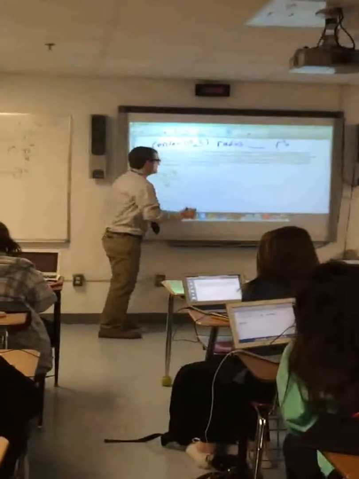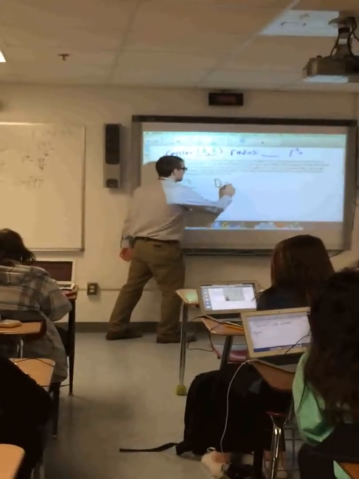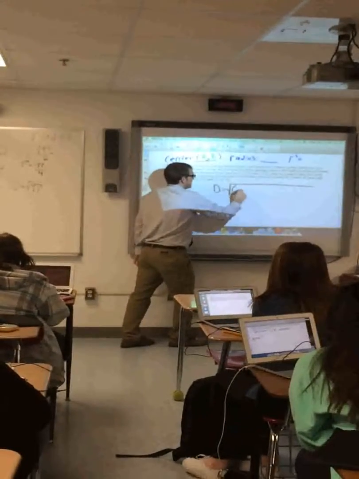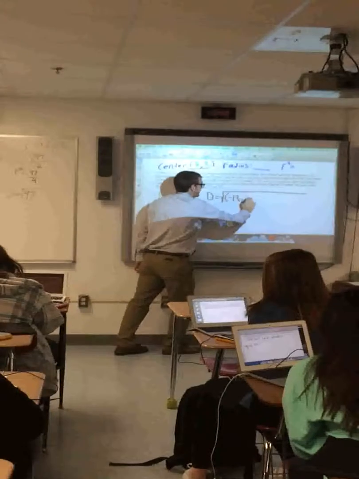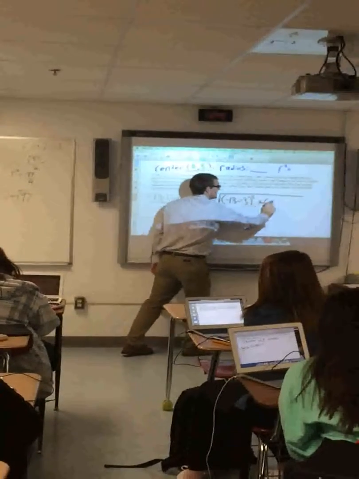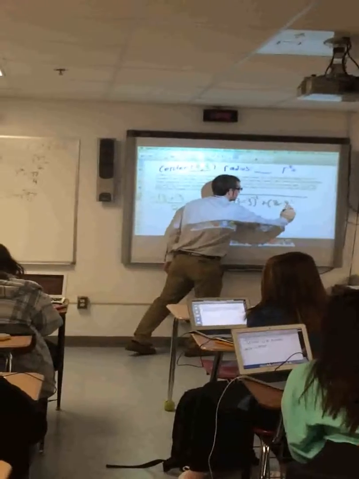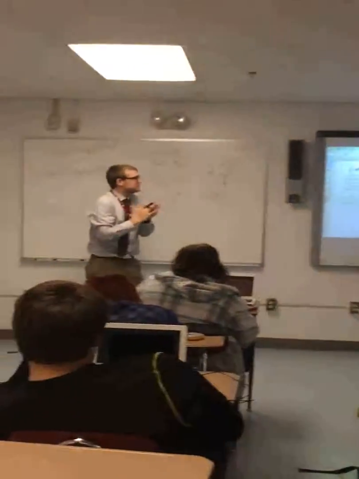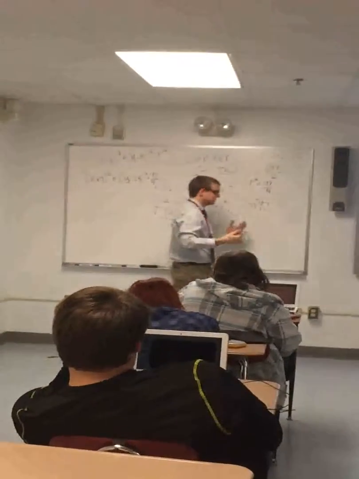So we have the diameter is equal to the square root of (-13 minus -3) squared plus (8 minus 8) squared. Well, I know that 8 minus 8 is going to be 0, and 0 squared is going to be 0.